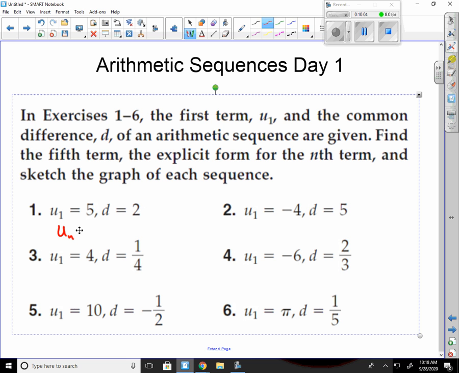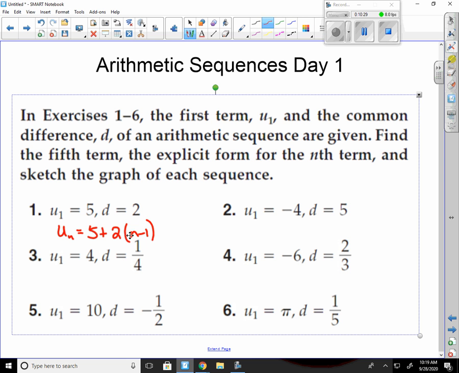So u sub n equals, and then it's u sub 1 plus the common difference, which is 2, times n minus 1. So that's my explicit form.